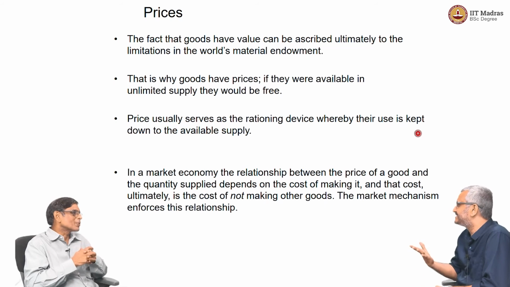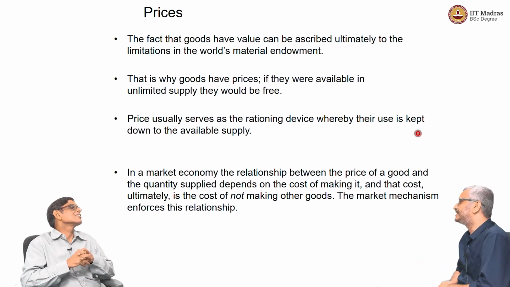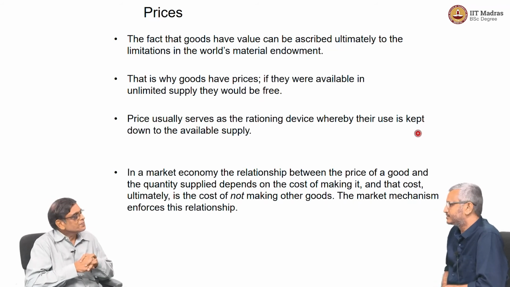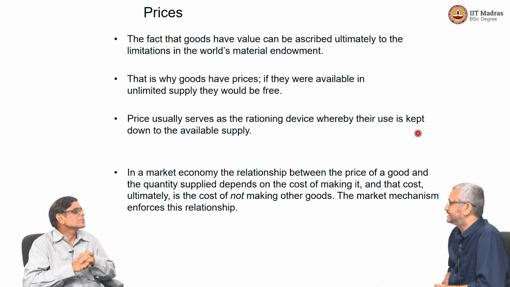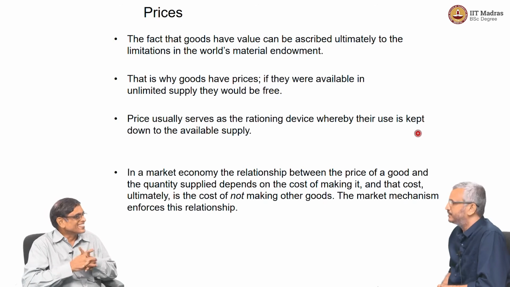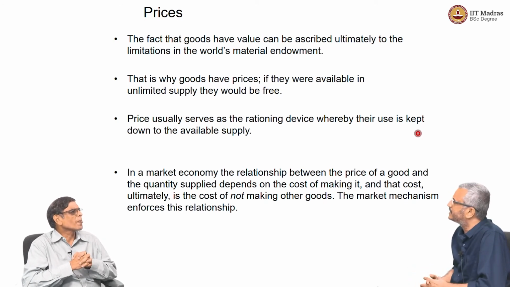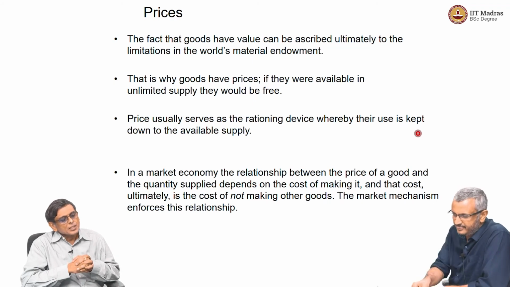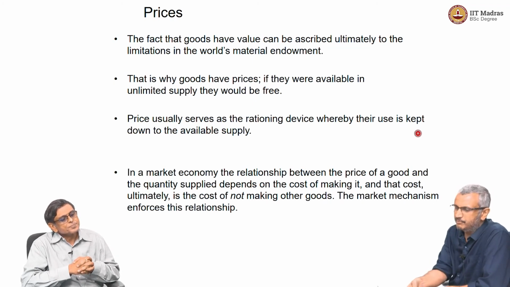You need the right prices for resource allocation, and prices could be skewed because of a variety of factors, manipulation for example, when certain players in the market set high prices and things of that sort. That also is an important point to which we will come back.